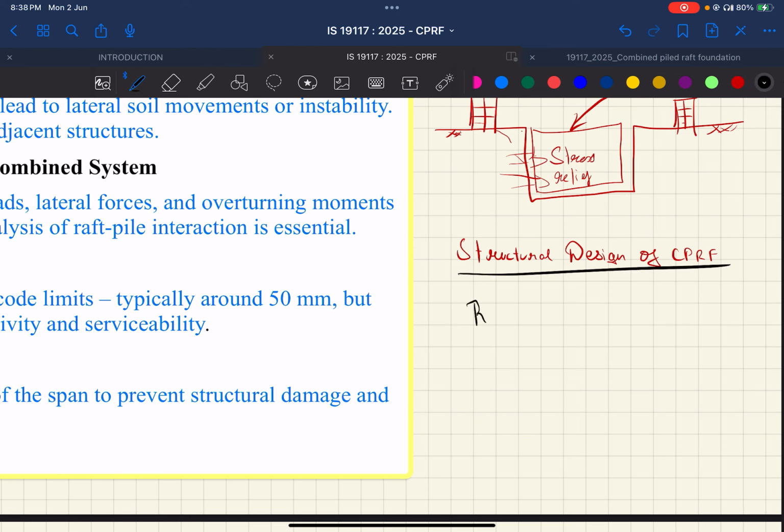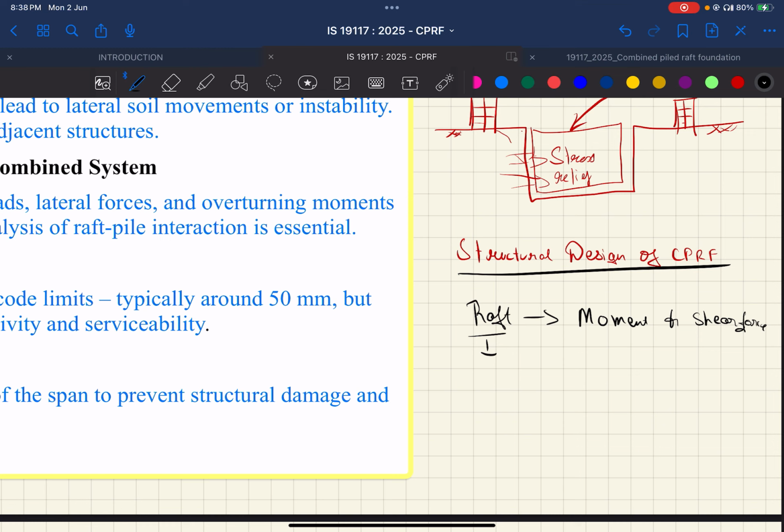To design the raft, we need moment and shear force, which means the design of the raft involves calculating the moments and shears based on the applied loads and the soil pressure.